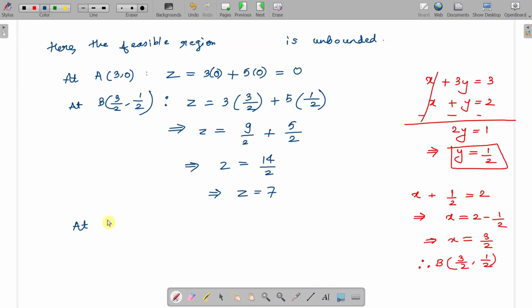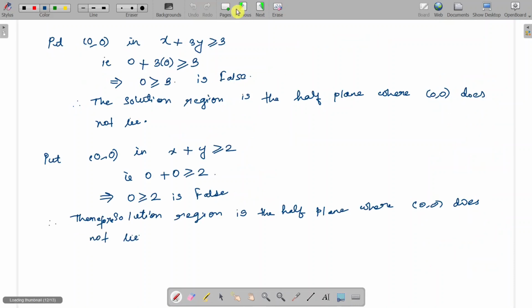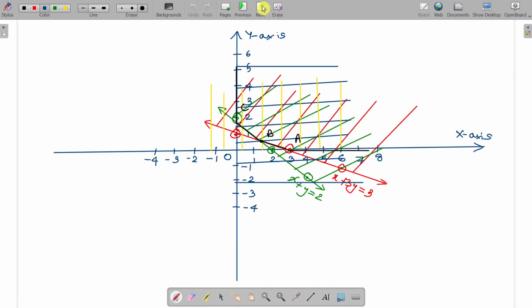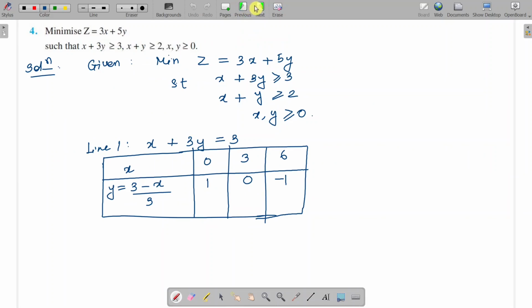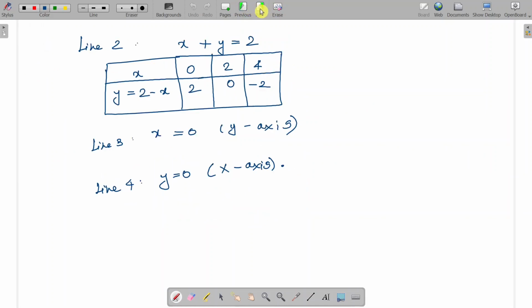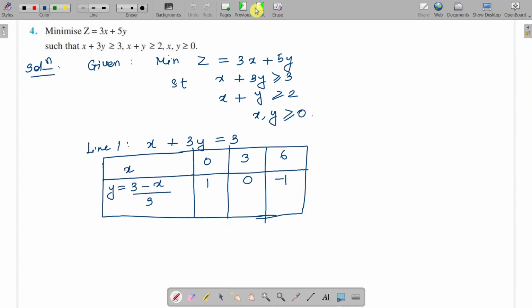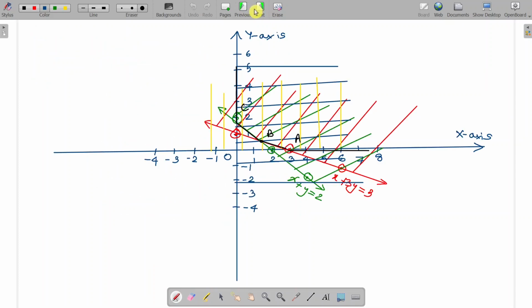Now at point C, that is this, 0, 2, right? Point C is 0, 2, correct.